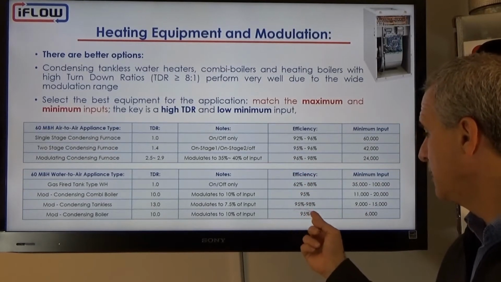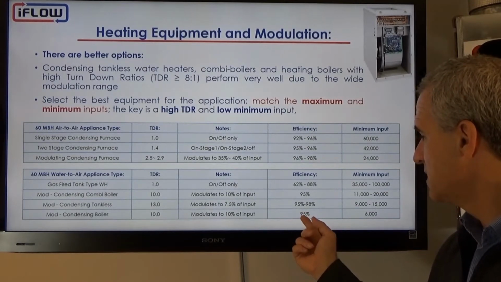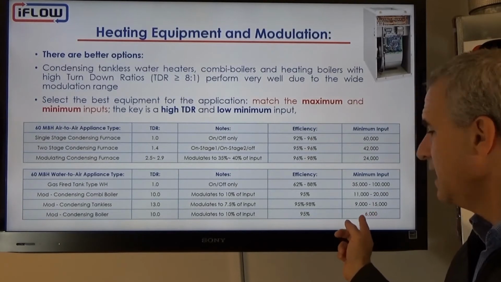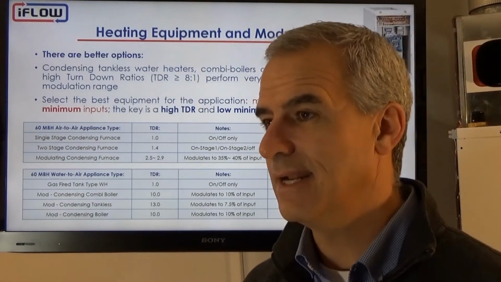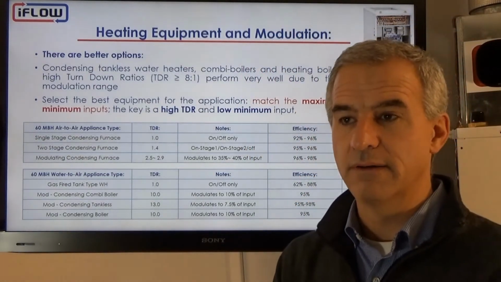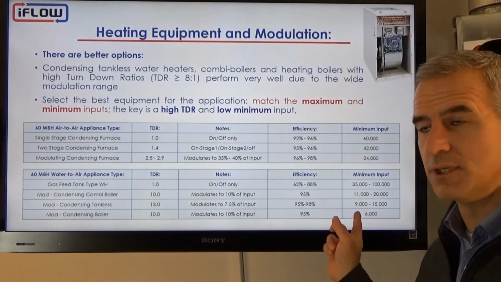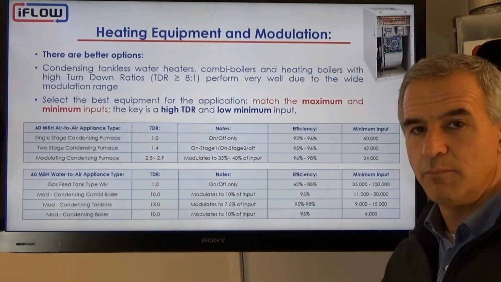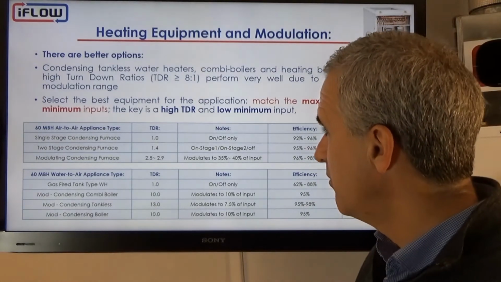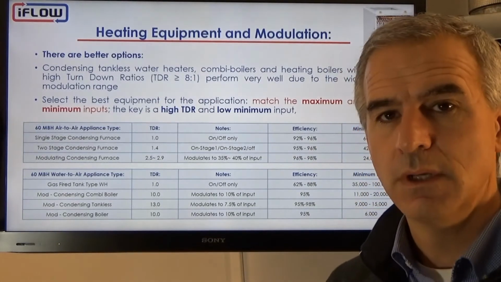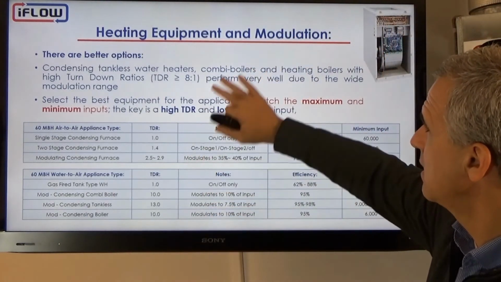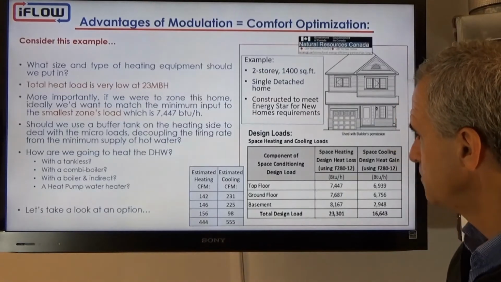So if I compare this boiler with this 95% AFUE running at 6,000 BTUs and put it into an application, let's say, that had a minimum input of 8,000 BTUs, that would be a great option. A much better option than this. Better performance, better comfort, better all around. So this is the heating equipment and the modulation.